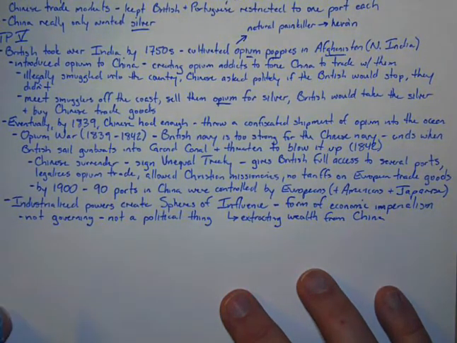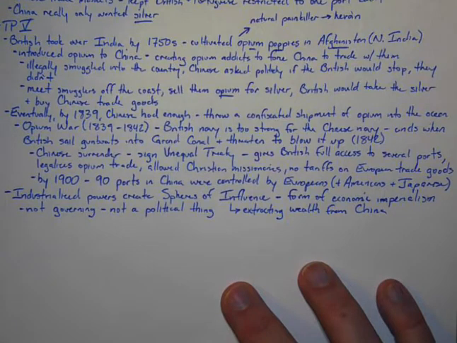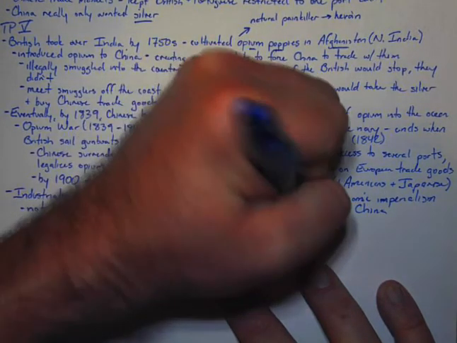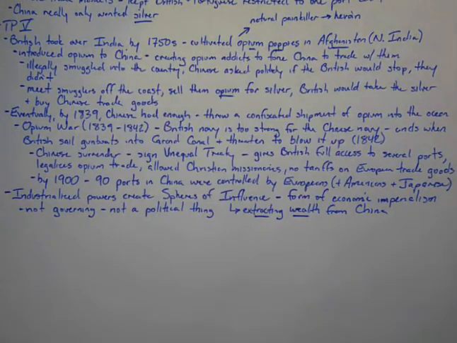It's just being done in China. So it's a way of extracting wealth. They don't care about the government. They're not trying to impose their culture or their language on China. All they want to do is extract wealth. They just want the money.